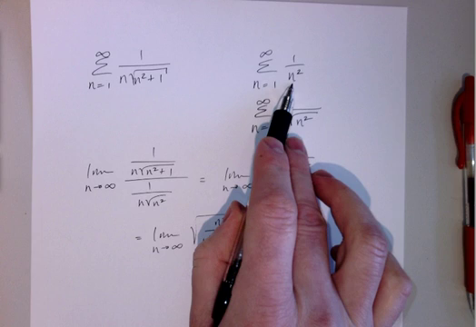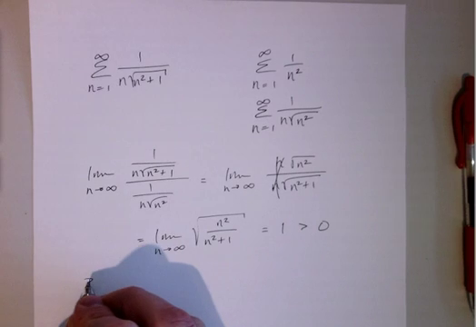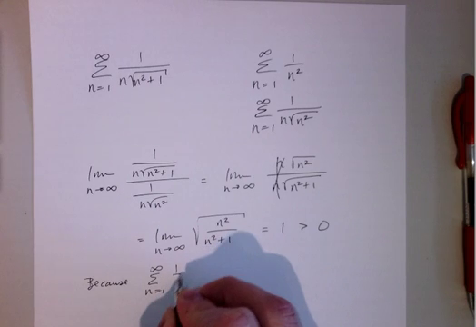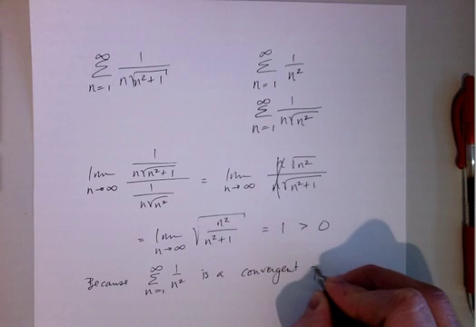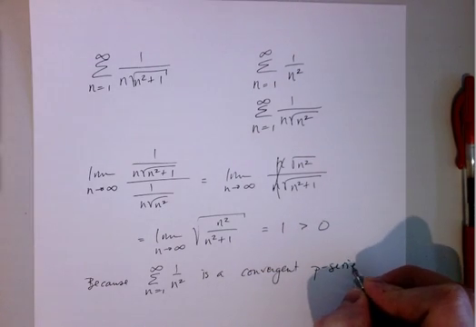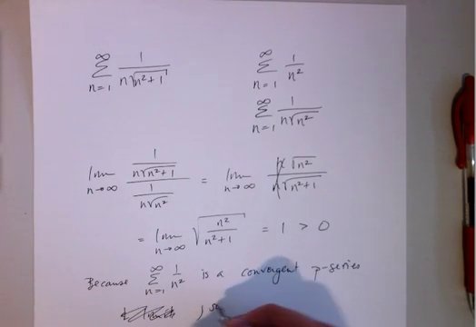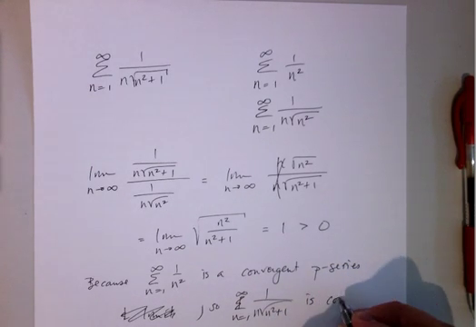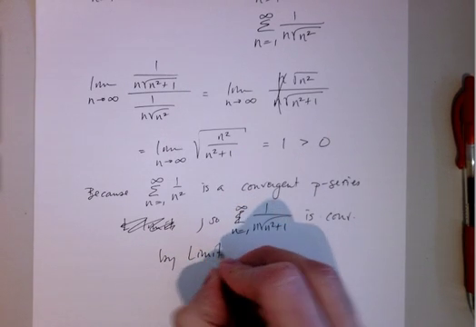This is a convergent p-series, and therefore you just write out, because the sum from n equals 1 to infinity of 1 over n squared is a convergent p-series, and the limit comparison test shows the sum from n equals 1 to infinity of 1 over n times the square root of n squared plus 1 is convergent by limit comparison test.